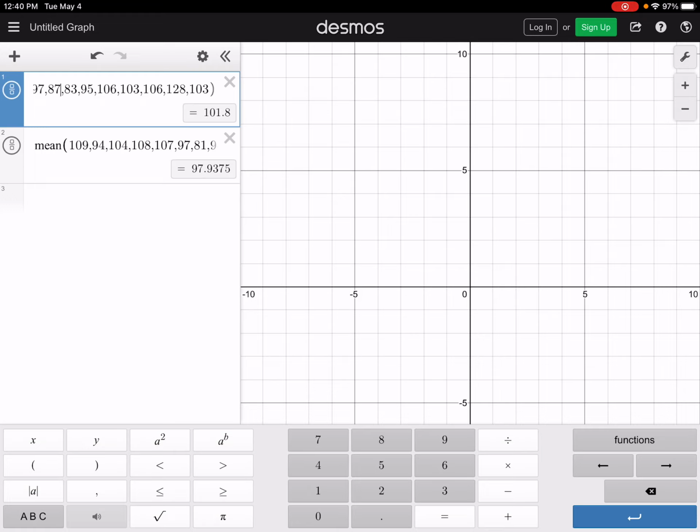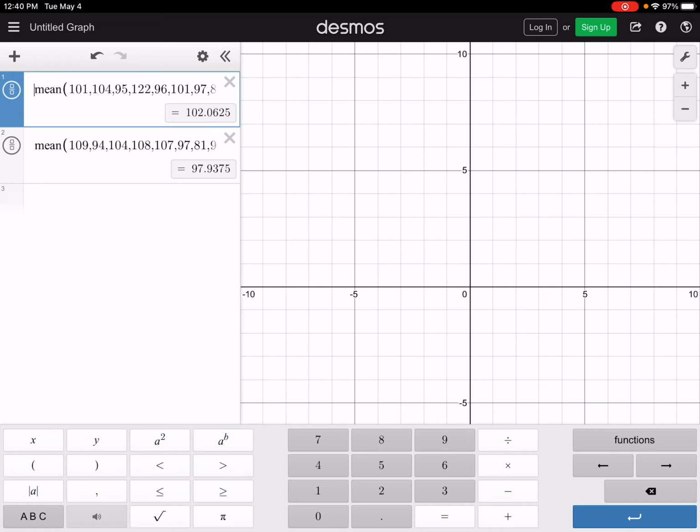Okay, so the way that you can find the mean using technology is you literally just type in mean, parentheses, and then whatever your data is. So the first one is for the home games. We're just going to round to the nearest whole number. So 102 is the mean for the home games, and then the bottom one is all of the away games, and the score there is, we'll round up to 98.